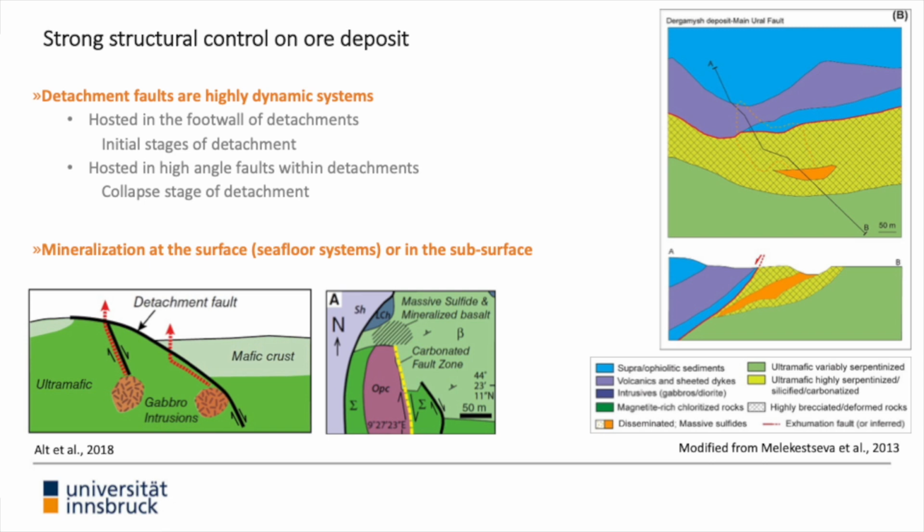But it can also be in the high-angle faults. That's the case for the Repia deposit in the Ligurides in Italy, where it's developing late during the evolution of the detachment. So there is always a very strong structural control of mineralization.